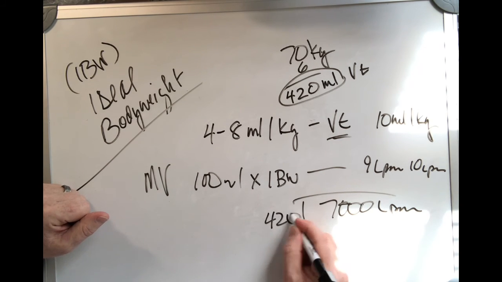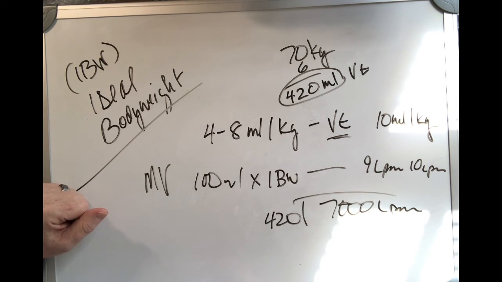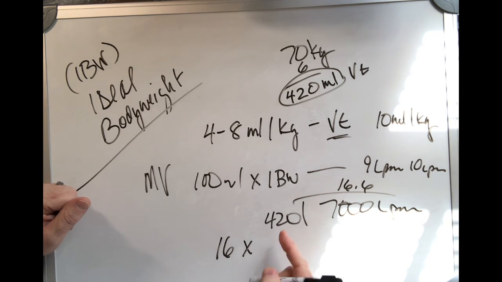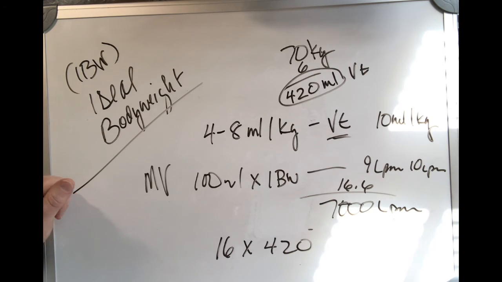I divide the 420 into the 7,000, and that ends up giving me 16.6. So my ventilator setting for this patient that's 70 kilos ideal body weight is going to be a respiratory rate of 16 times a tidal volume of 420, and that's going to give me my minute ventilation.